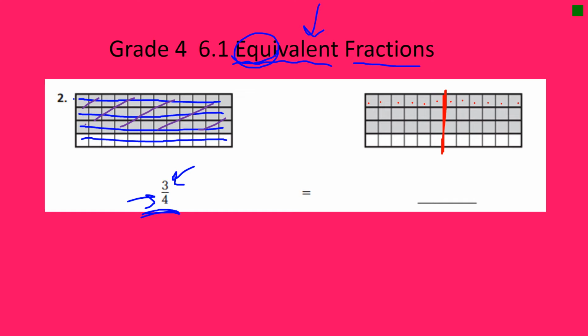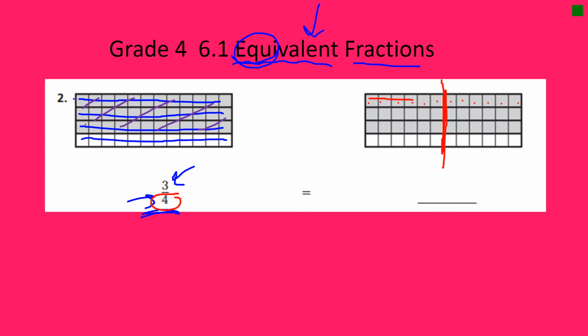Okay, so I really just made more pieces. It's like the brownie problem you did in class today. So over here, 4 rows made the whole. And in this one, since I cut it right there, we have more than 4 rows that make the whole.